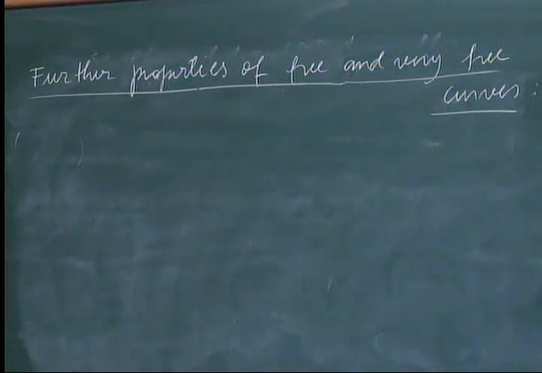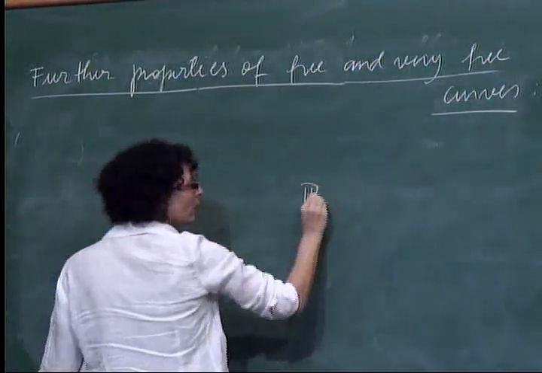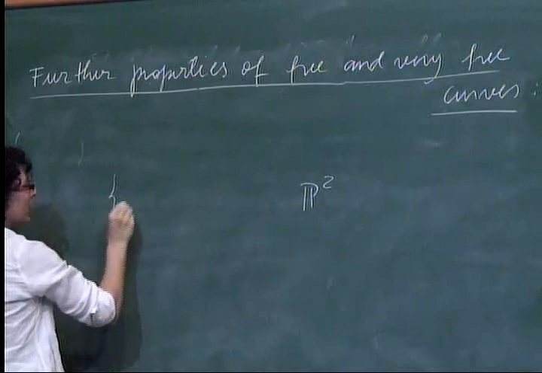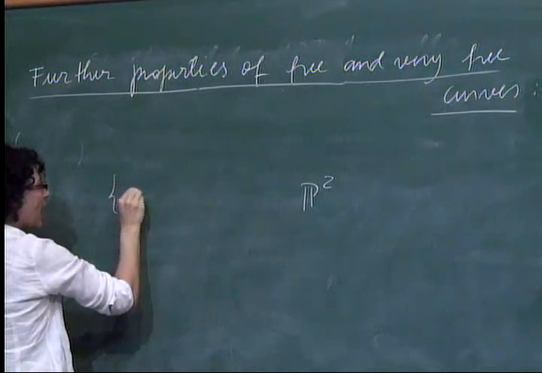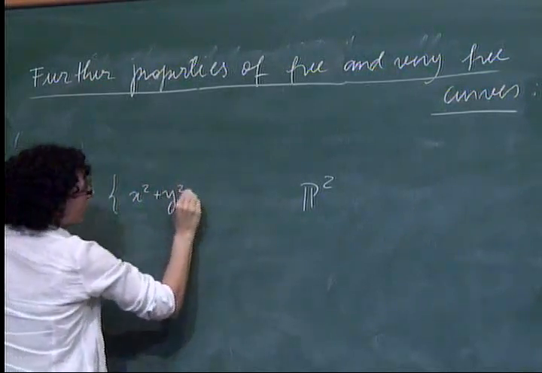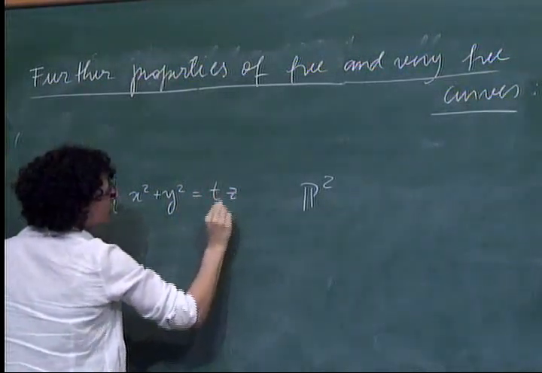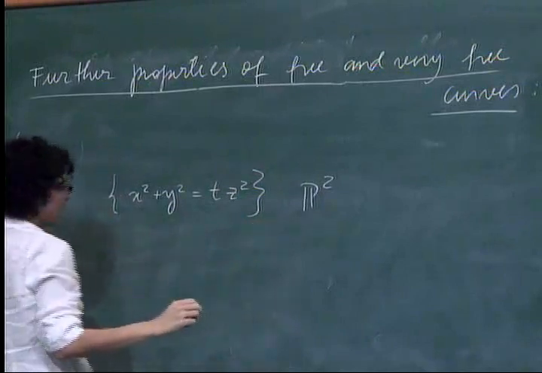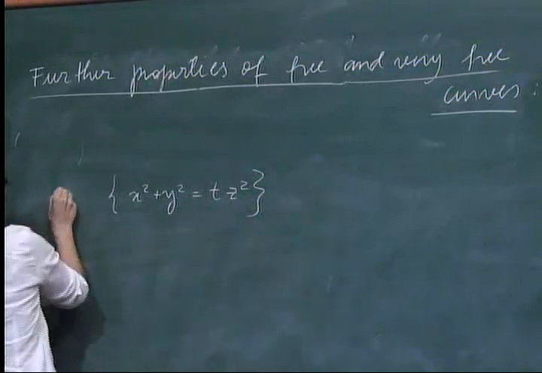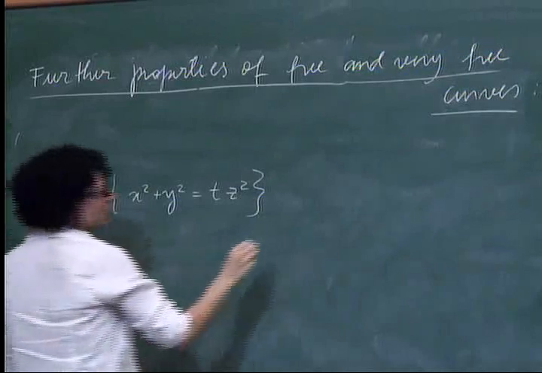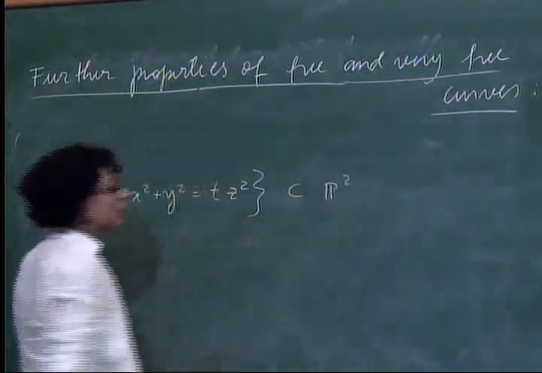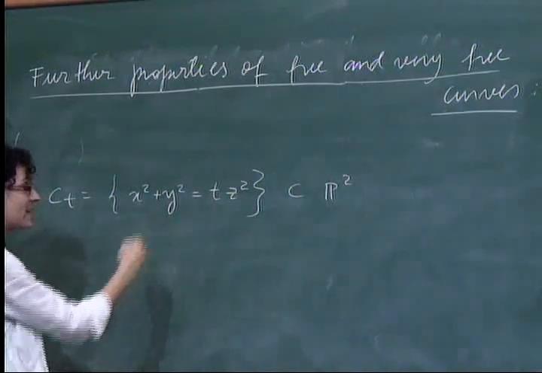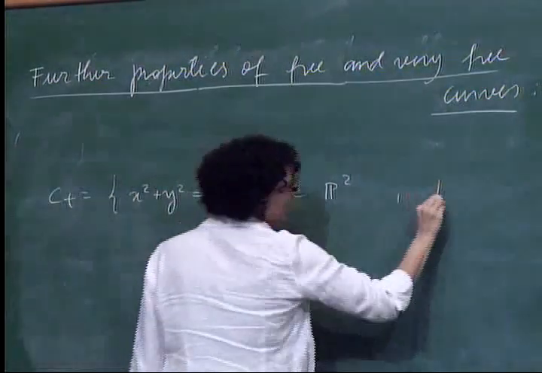So for instance, if we are in P2, we can look at the following family of conics, defined by x squared plus y squared equals t c squared. So this is a conic in P2, parametrized by t in, say, A1.